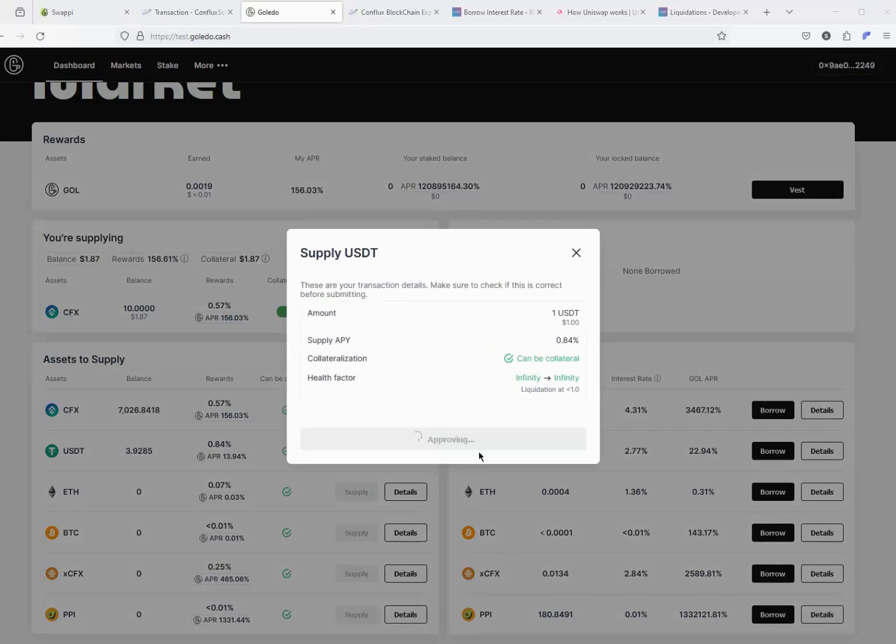First, we need to approve the contract to transfer the token. And after that, supply the USDT, and just wait for the confirmation in the pop-up window.